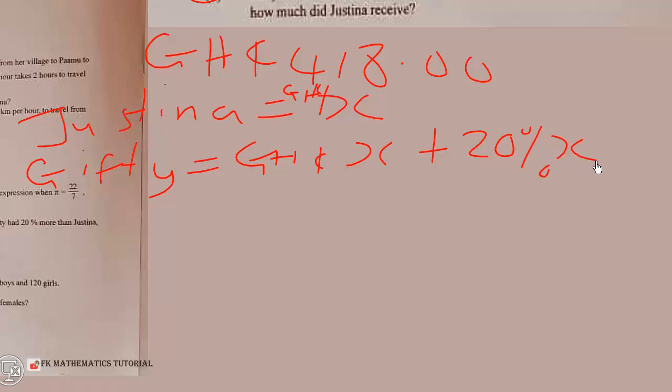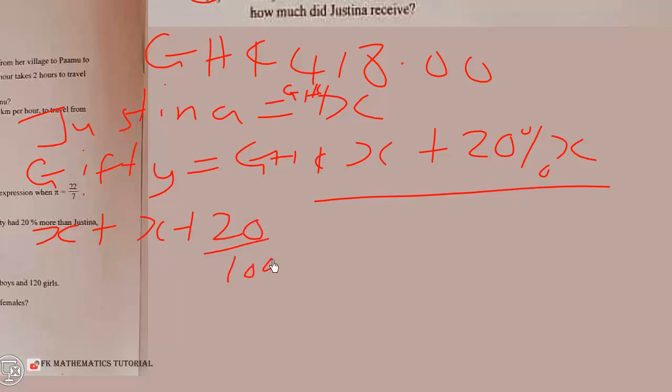So if we add the two amounts that they receive, we should get 418. So we have X plus X plus 20% of X is equal to 418. So 20% is the same as 2/10 or 1/5.